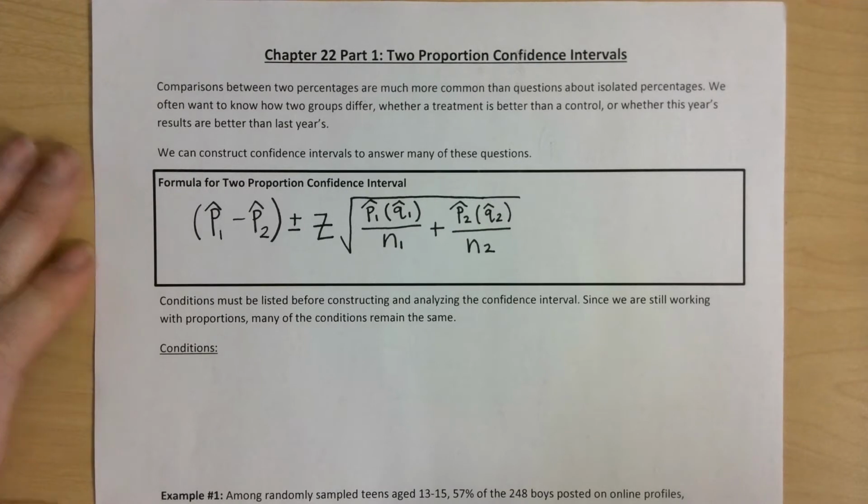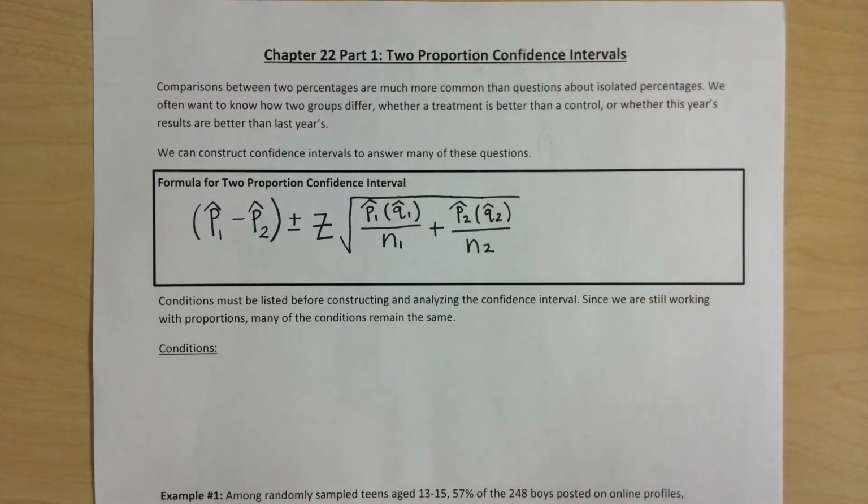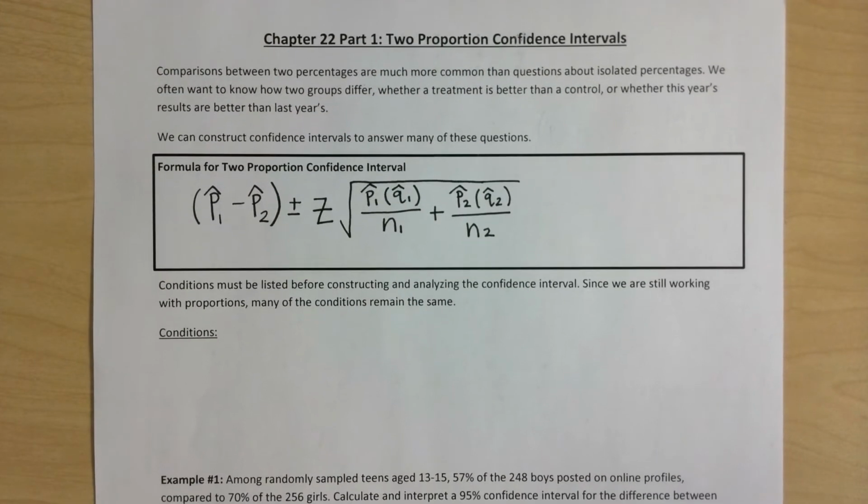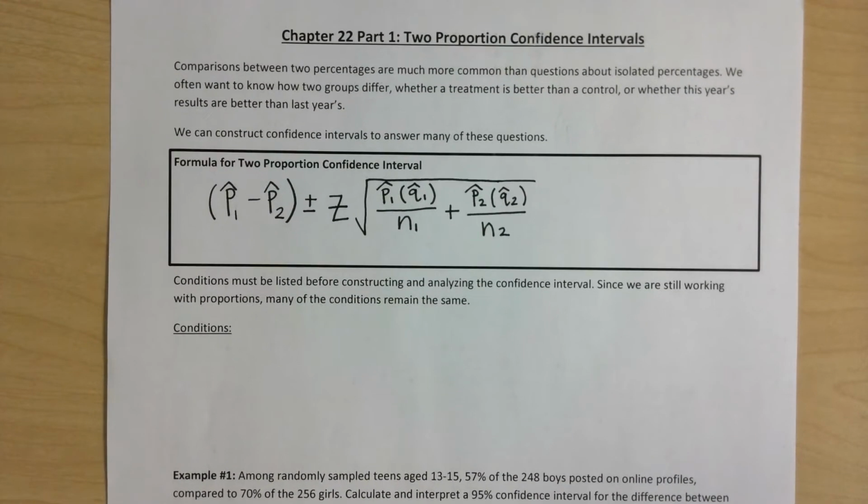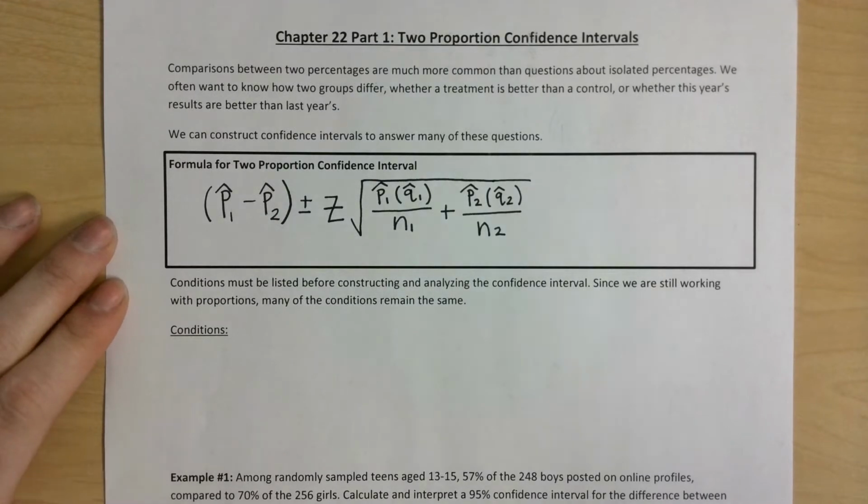At first glance, if you look at it all together, it does look like a crazy formula, but if you break it down, it pretty much follows what our one proportion confidence interval looks like. It's just a little more complicated now that we have two. Just like with our previous confidence intervals, we need to list our conditions before constructing and analyzing this interval.